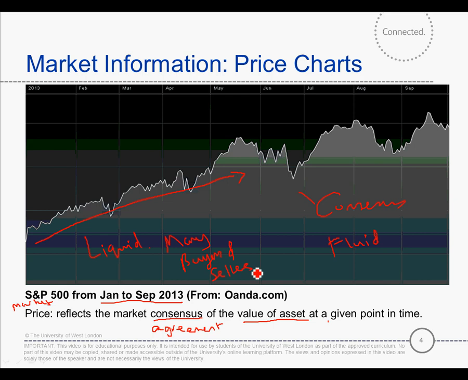So the plus side of liquidity is that if a company wants to, say, issue shares, if an S&P 500 company wants to issue new shares, they will find a ready market willing to buy it. But the downside to it is the price of its shares will be subjected to a very high level of fluctuations. And that level of fluctuation is what we call volatility.